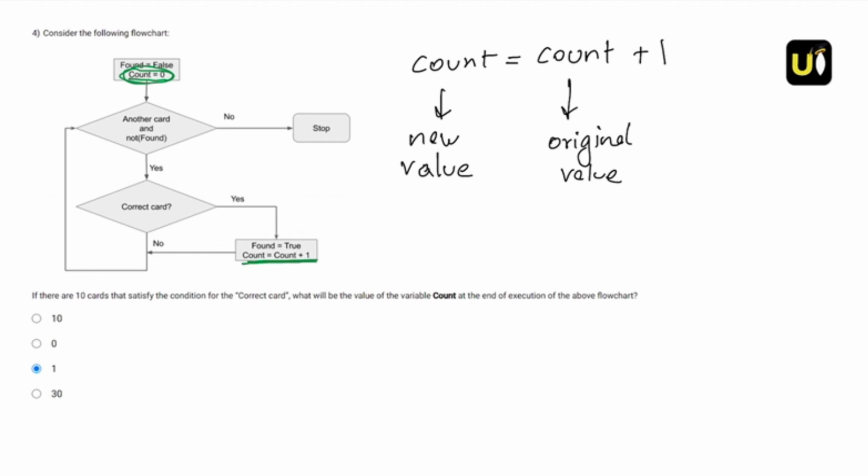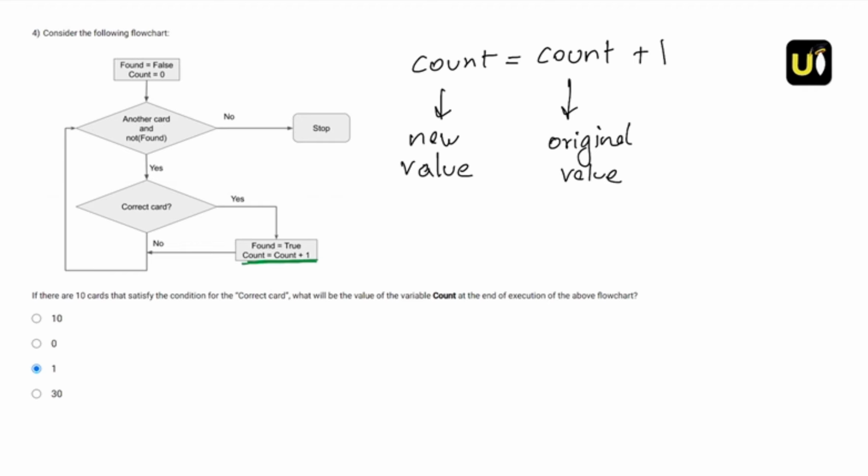So in our loop, as I told you before, this is going to stop when the correct card is met, right? So the value of count is only going to be 1. And the question is, if there are 10 cards that satisfy the condition for correct card, what will be the value of count at the end of the execution?